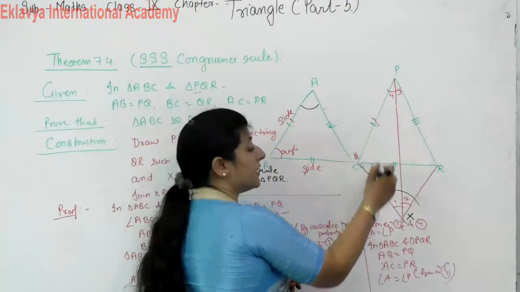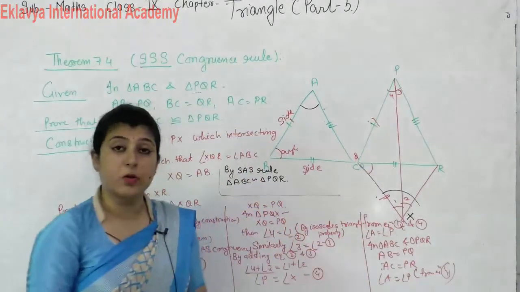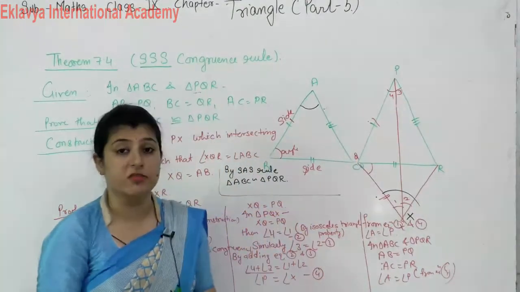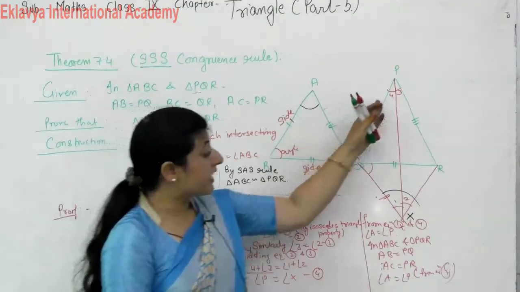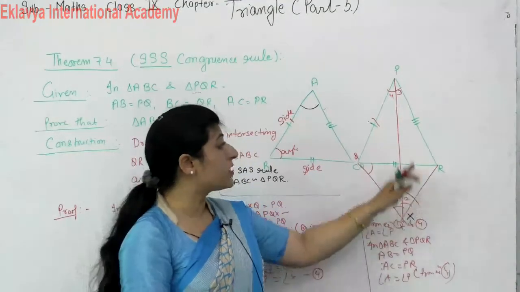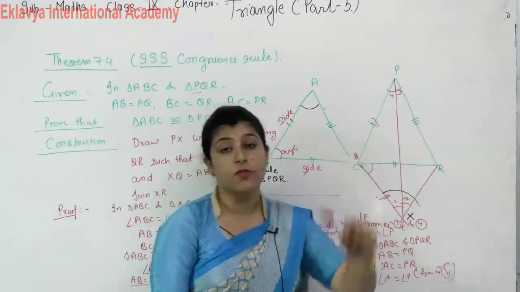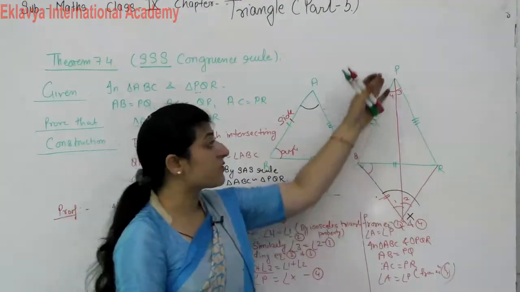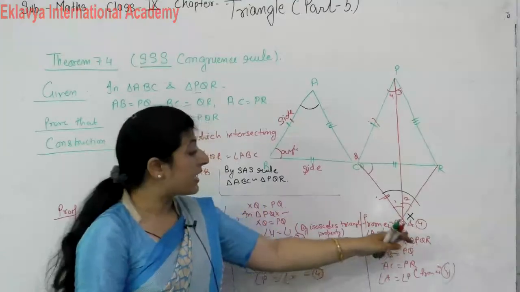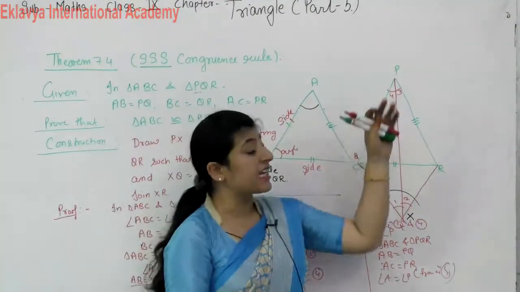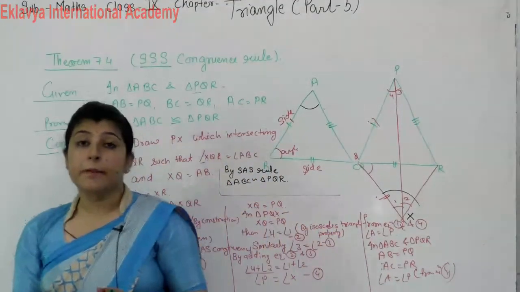Then from these two equations, these two sides are equal, so their opposite angles are equal. Angle 1 is equal to angle 4. Similarly angle 2 is equal to angle 3. By adding, 1 plus 2 is equal to 3 plus 4, it means angle X is equal to angle P. Angle X is already equal to angle A. Then by both we can say angle A is equal to angle P.